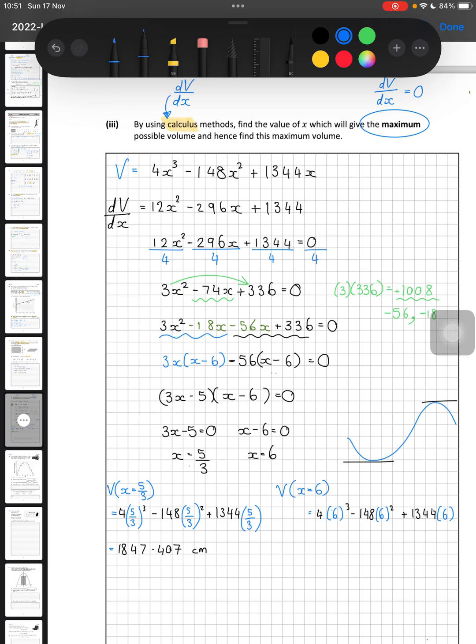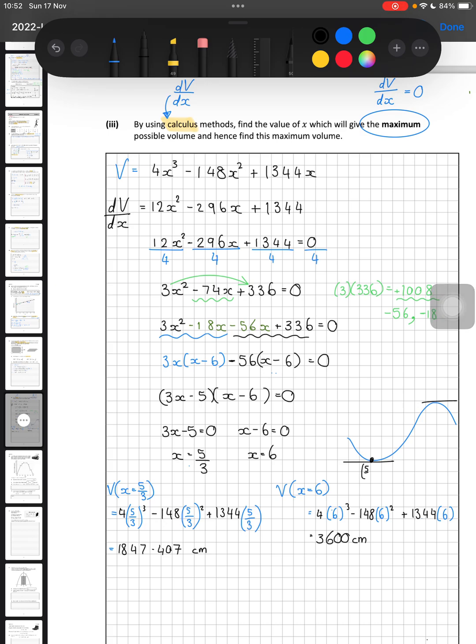And we get a volume of 3,600 centimetres.